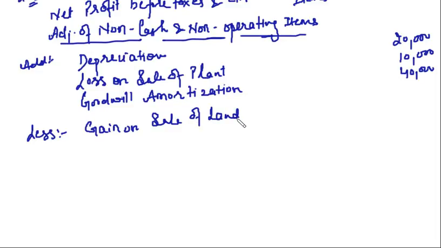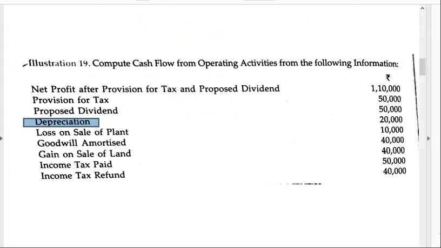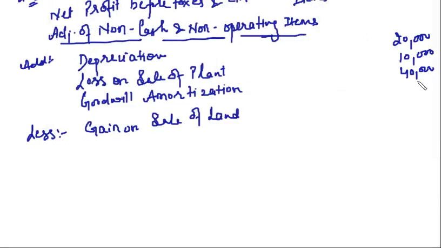Clear? How much is the gain? Let's see. It is 40,000. Right? So what is the amount that you get? This comes to 2 lakh.